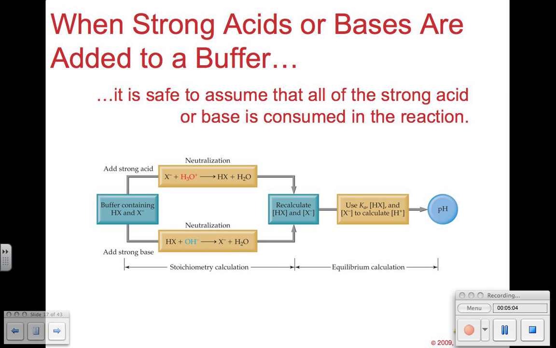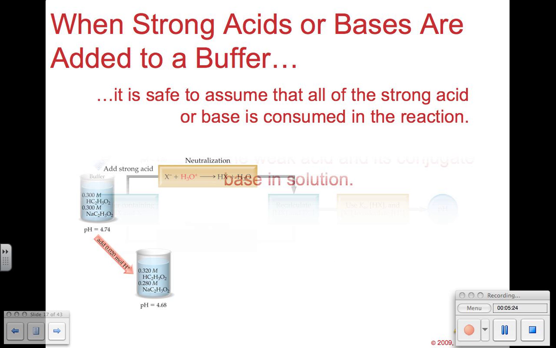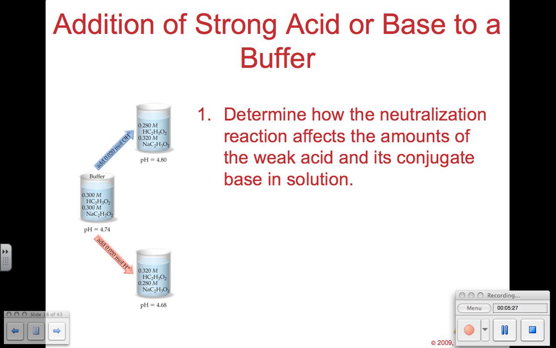So you've got this buffer containing HX and X minus. You add a strong acid, and then you get HX plus H2O. Then we recalculate the concentrations of HX and X minus, and we use Ka to calculate the new pH. We're going to do an example problem here.